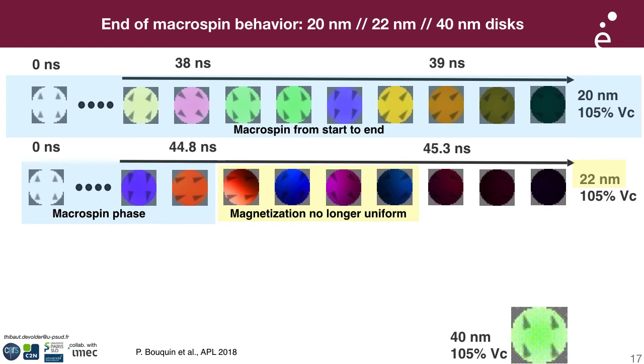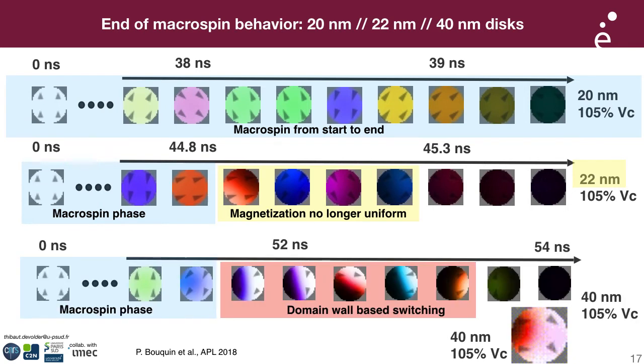There's first a uniform stage, and then the magnetization gets non-uniform. And if you go to a wider junction, so 40 nanometers, in fact, after a macrospin stage in which the magnetization stays uniform, you nucleate a domain wall, and the domain wall sweeps through the device.